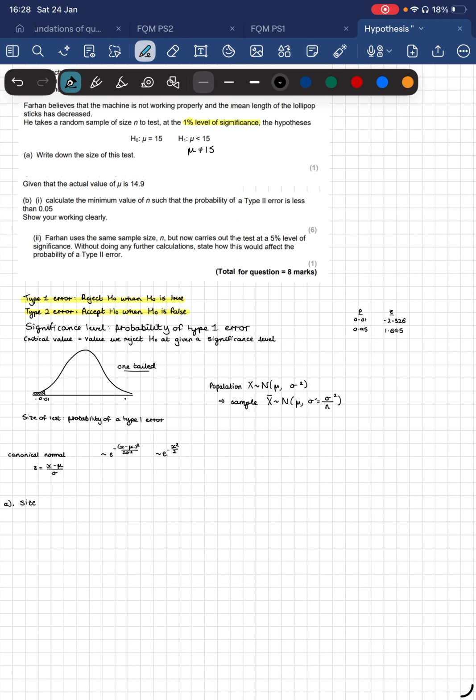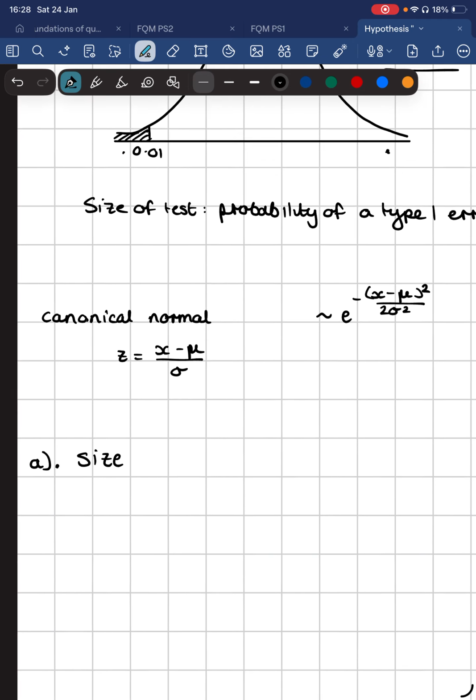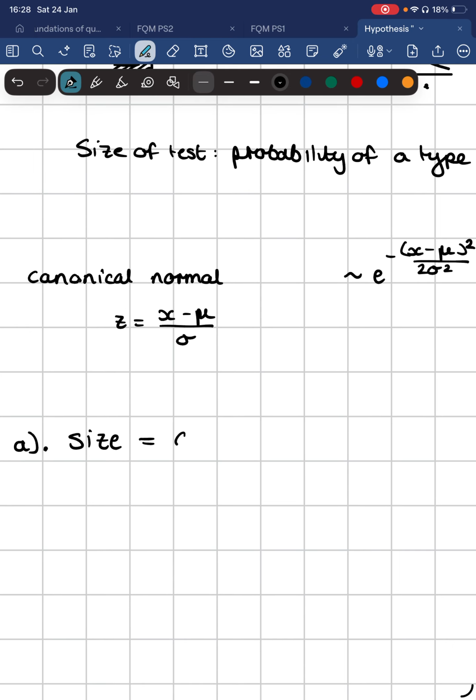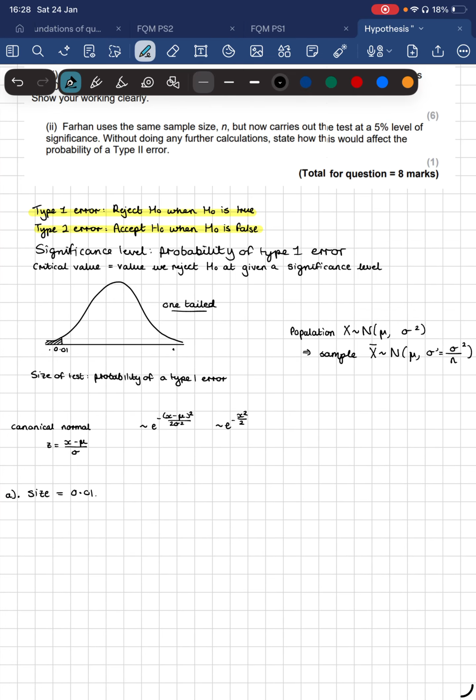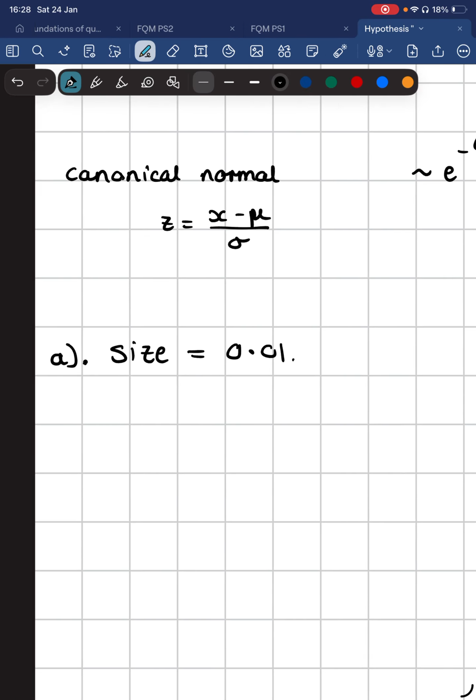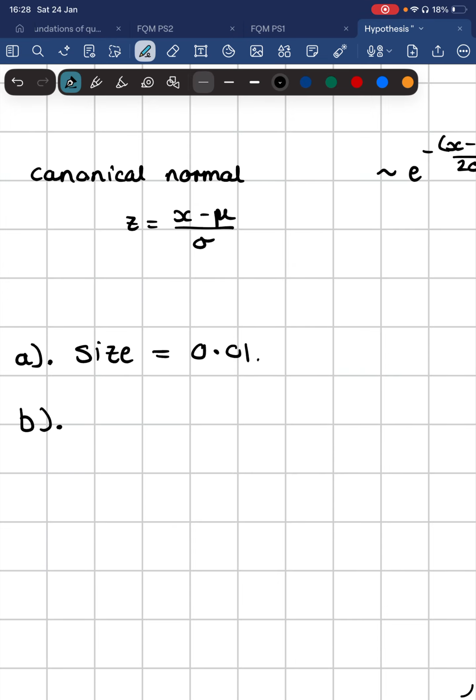But size should have a clear definition in whatever exam board this question is from. I think it's Edexcel, but it's pretty much always the same thing. So size is equal to 0.01 because it's just the probability of a type 1 error, which is the significance level.